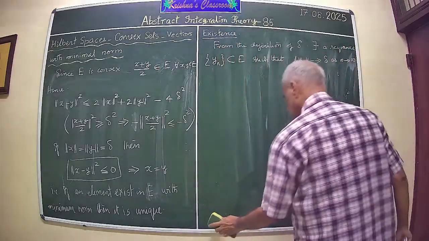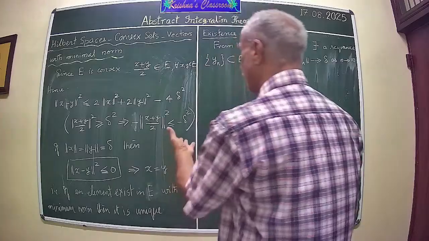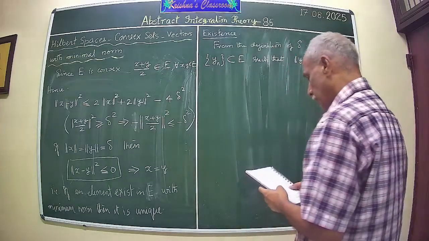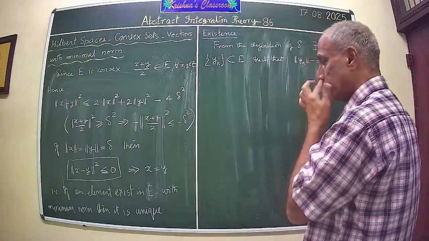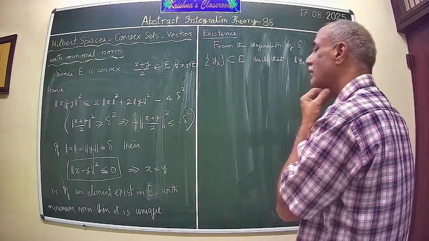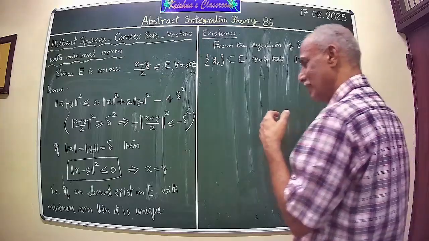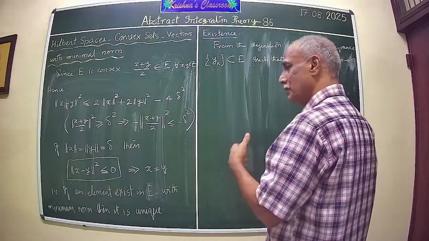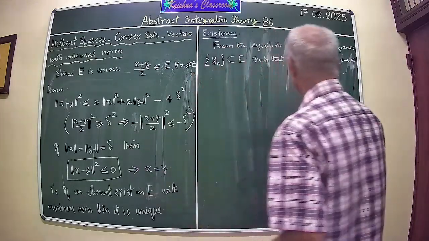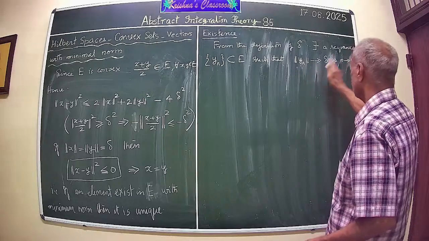Okay. This is clear because we have defined delta as the infimum of the set of norms of points in E. So there is a sequence Yn because from that infimum definition, it follows that there exists a sequence Yn such that this is true.